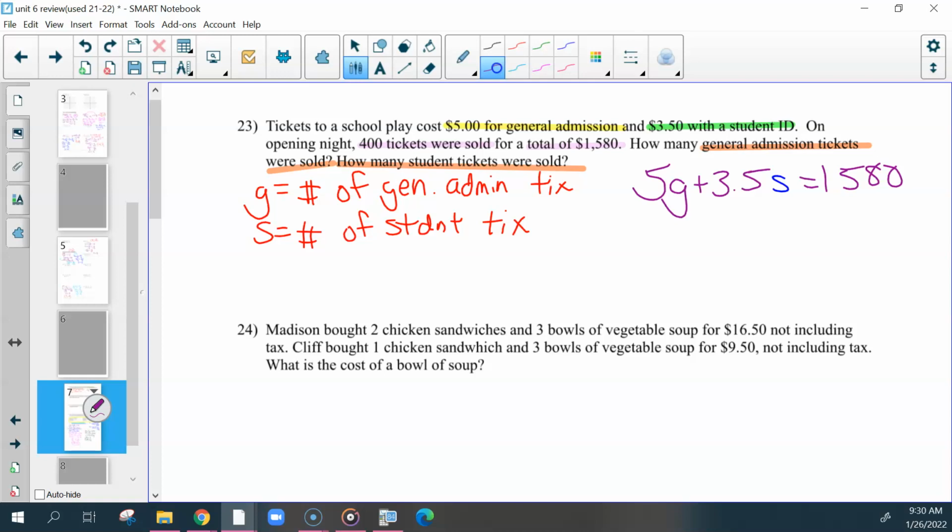What about the other equation? G plus S equals 400. G and S represent number of tickets, and they have to equal the total number of tickets. Okay, so I'm going to leave that there. So you have the equations, you have your variables, and I'll let you decide how you want to solve that.